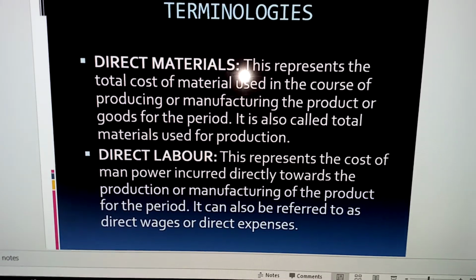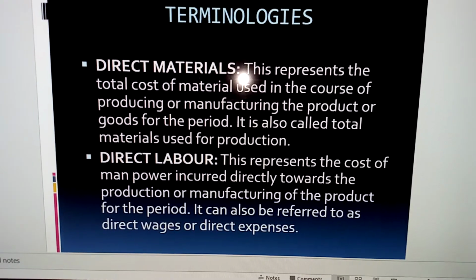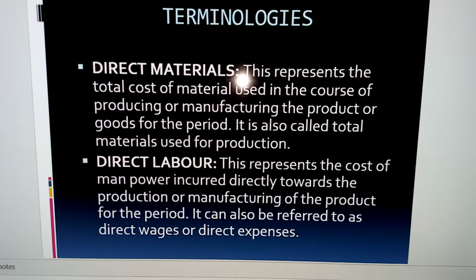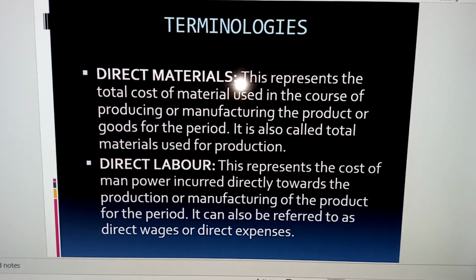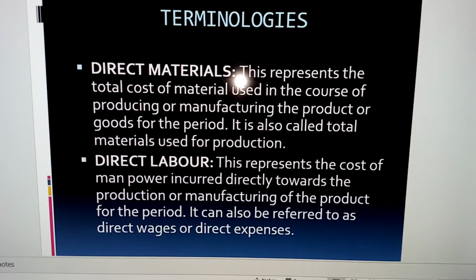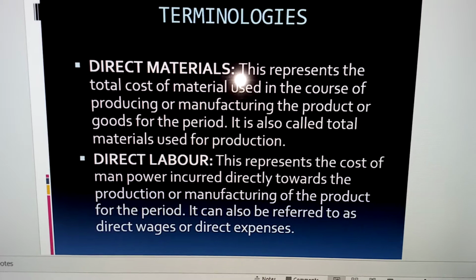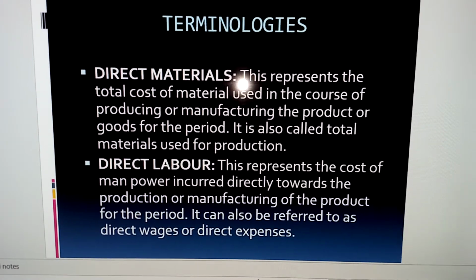And so, any other labor involved in getting that soup done is the direct labor we're talking about. So in a production concern, labor utilized directly towards the manufacturing of the product is what we call direct labor. We can refer to it as direct wages or direct expenses.